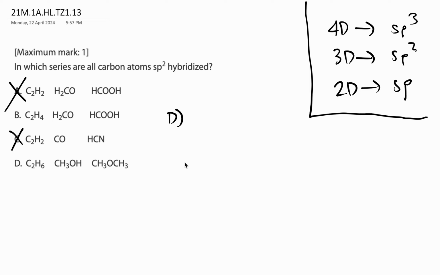C2H6. Let's try drawing C2H6. So C and C, 1, 2, 3, 1, 2, 3, right? Is this not the molecule for C2H6? But if I look at each carbon, they both have 4 domains around it. So in this example, C2H6 has sp3 hybridization, the carbon in this molecule.